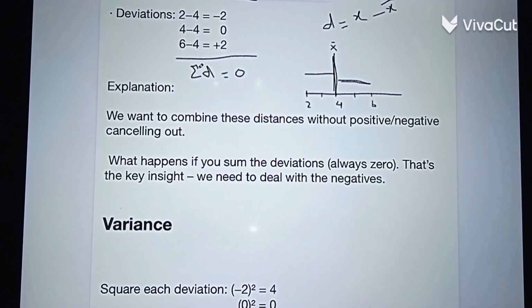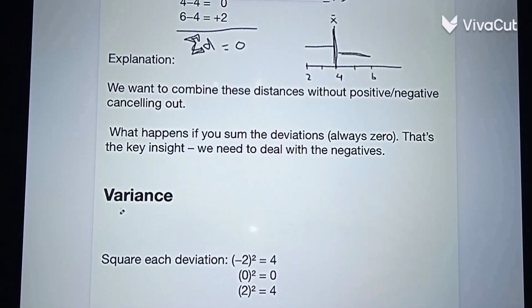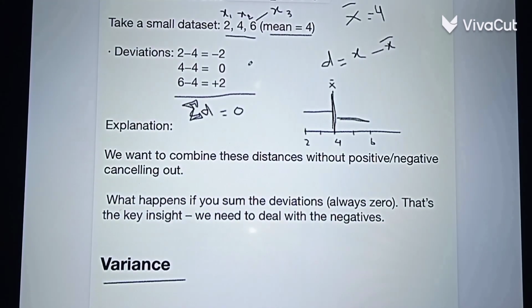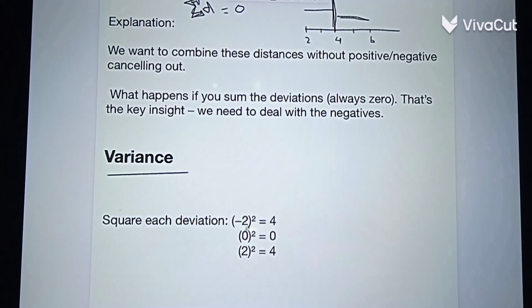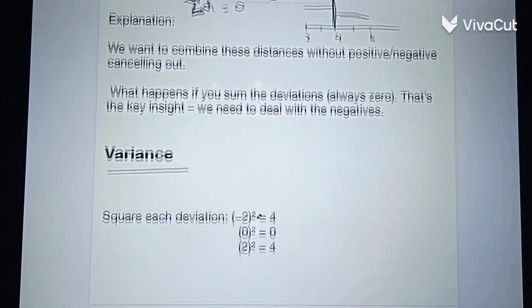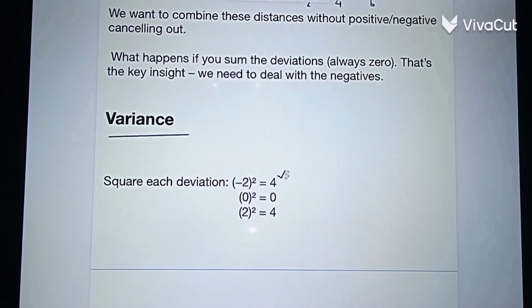Now we learned that the sum of the deviation is always equal to 0, so we have to introduce the idea of variance. What does variance do? Variance takes the square of the deviation. When you take the square of the deviation, the negative signs automatically become positive, and by adding them you will not get 0.